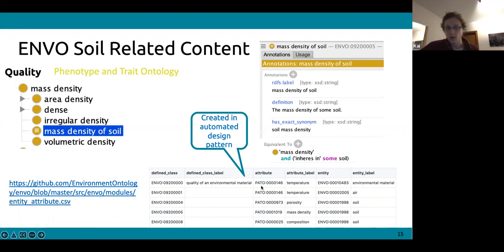So we're going to say, here's the temperature of air, here's the porosity of soil, here's the mass density of soil, et cetera. And we can go ahead and create a lot of these things and use reasoning to help generate the hierarchical positioning of them within the ontology. Reasoning being like first order logic. So anyway, I don't want to go too deep into that, but there are ways to help automate some of this work.